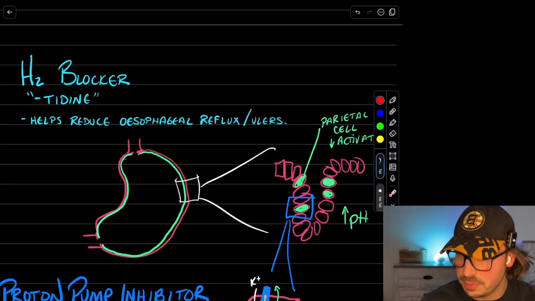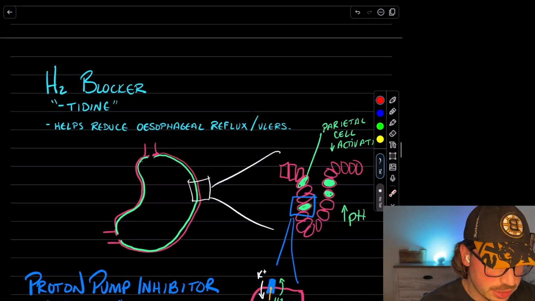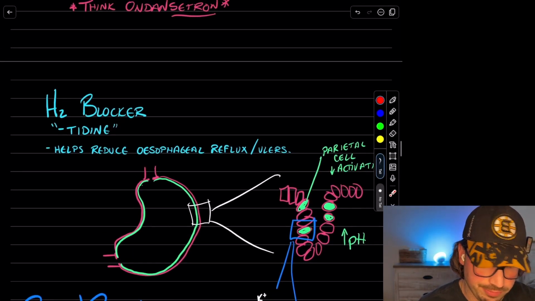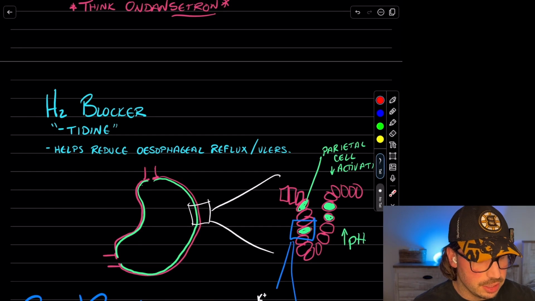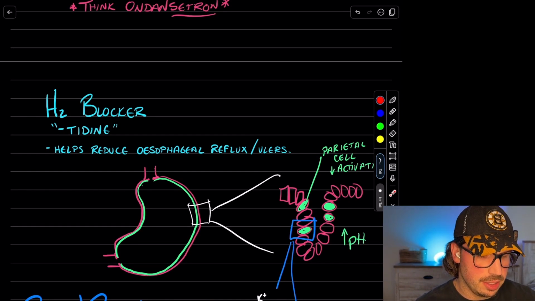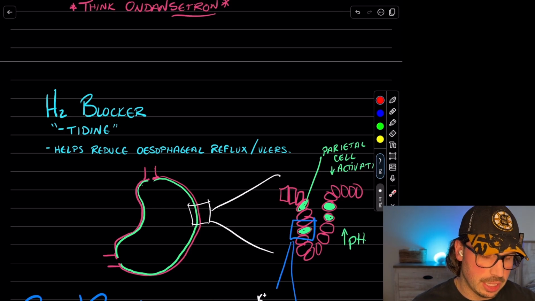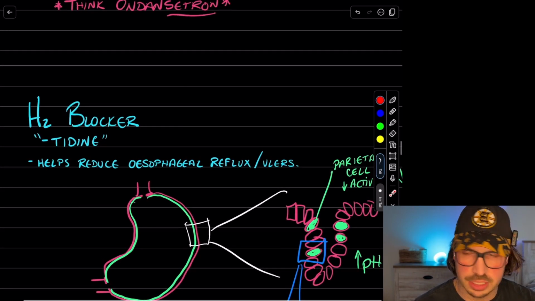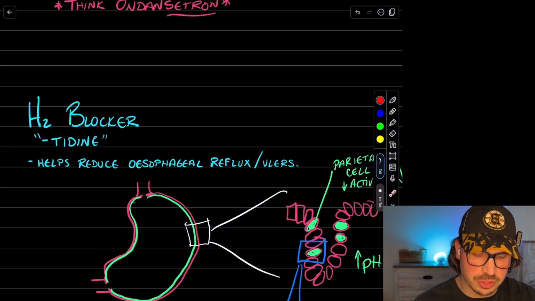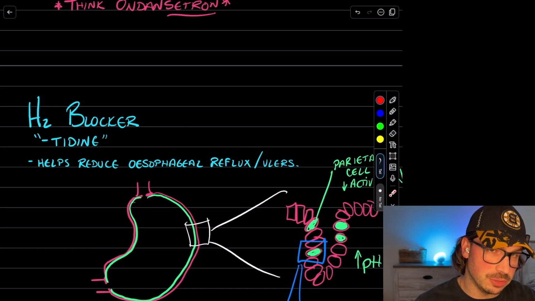So the next two I kind of lumped together because they seem to work similarly, but they're different. A little bit of a minor difference, but we can probably describe them both at the same time and it'll make a little bit more sense, I hope. So the first one is H2 blockers, so hydrogen blockers.